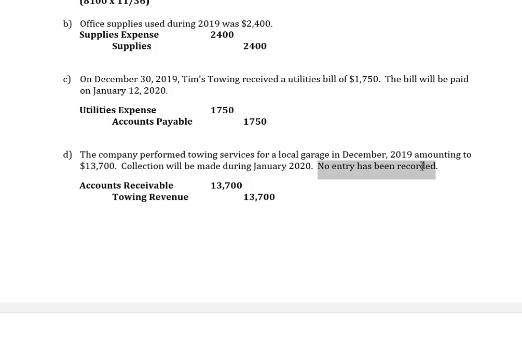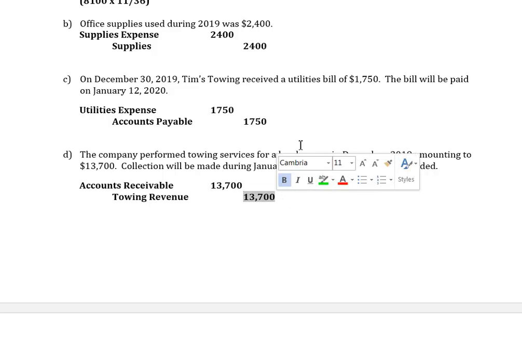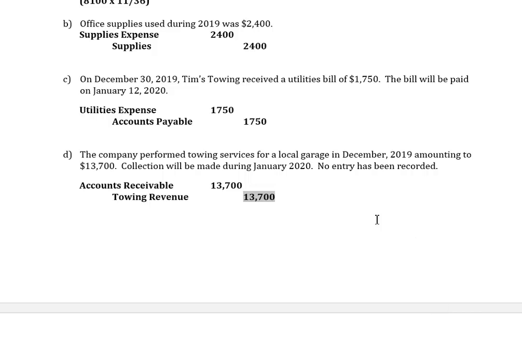They haven't yet recorded it, and here we are at the year end, and we're saying, we've got to get this bill out, right? Because otherwise we won't get paid in January. So we set up an account receivable and we credit the towing revenue for the amount that we are owed by our customer, that local garage. All right. So when we set up the bill, then the invoice goes out, right? So then we can expect our money next month in January.